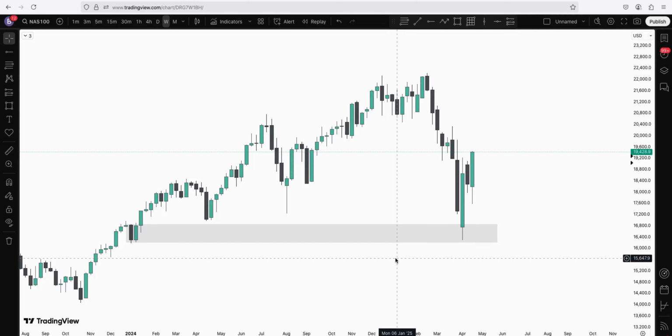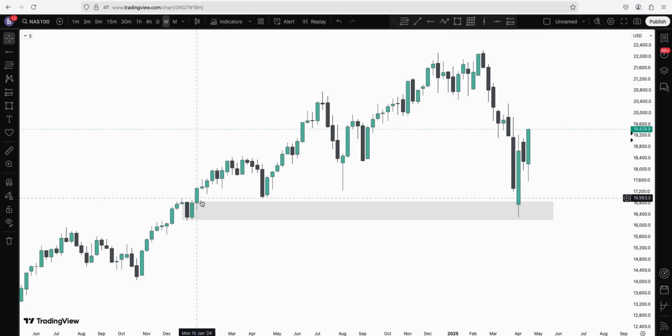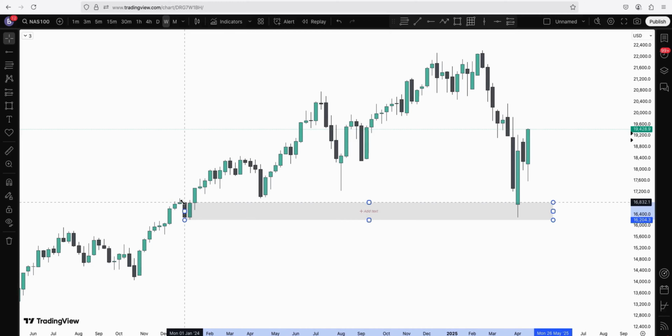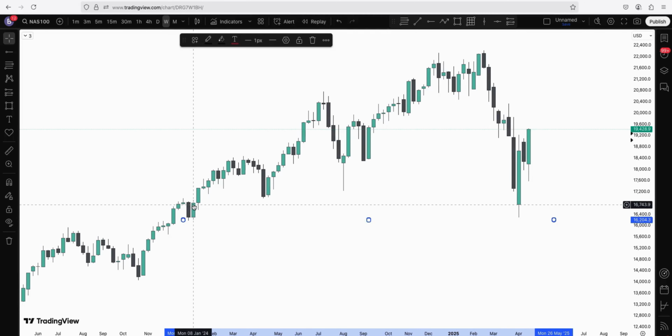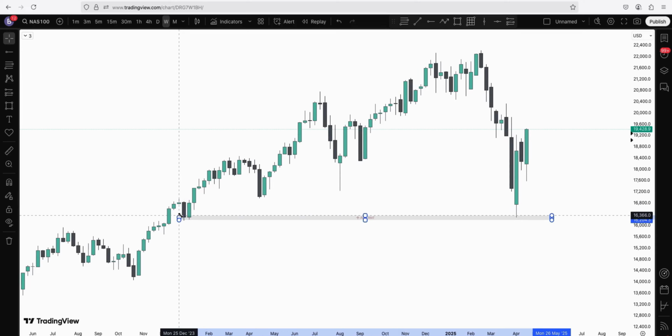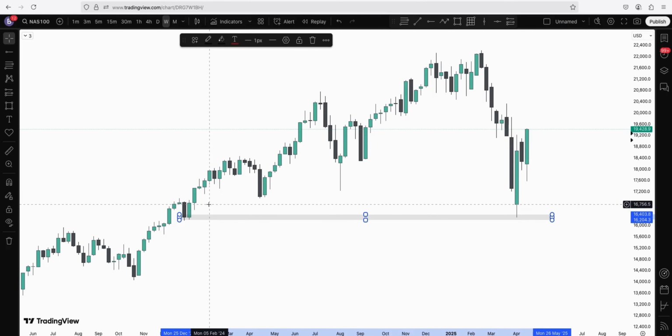So let's dive into this. The reason why I have this on my chart, if you've been following my analysis, you remember there was one of these weeks whereby I pointed out this level, because this order block hasn't been tested yet after we broke above this. This is more of a confusing part for some traders.